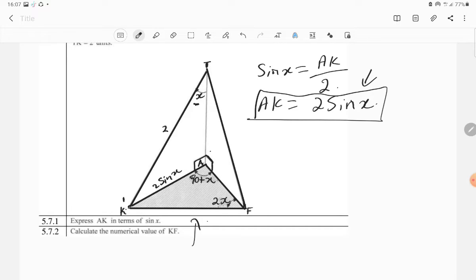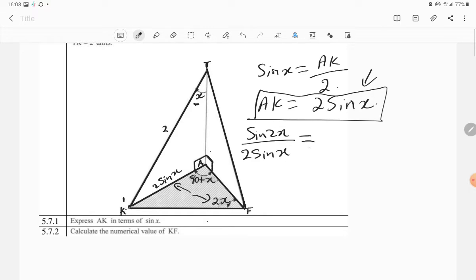All right, so the idea here is to use the sine rule. What about sine rule? Because we have this side and this angle, we have this angle and we are looking for that side. So let's use the sine rule, which takes us to sine of this angle, sine 2x, divided by the side that is opposite to this given angle, which is 2 sine x.